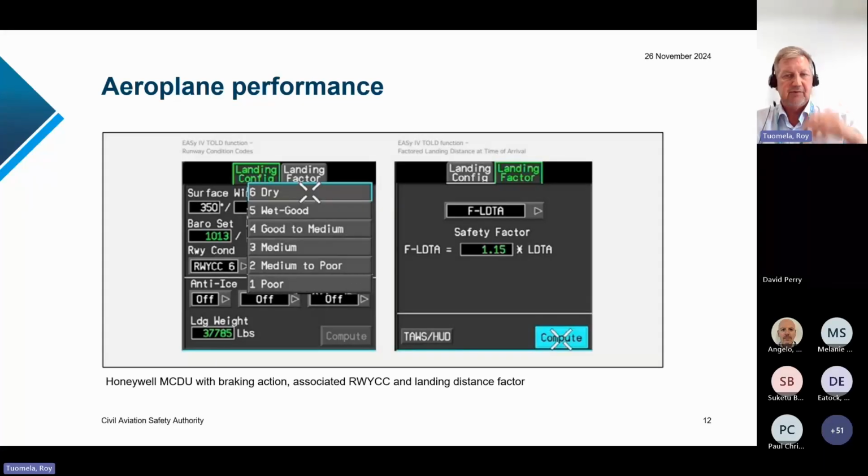So how can this look in the cockpit? This is a screenshot from the multi-part advisory circular.